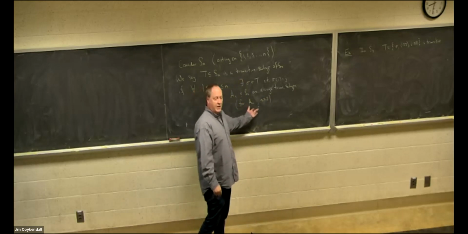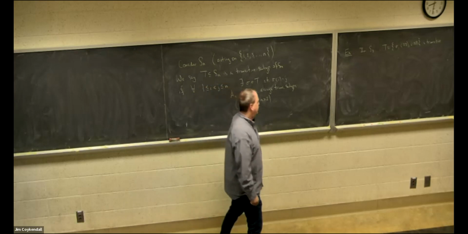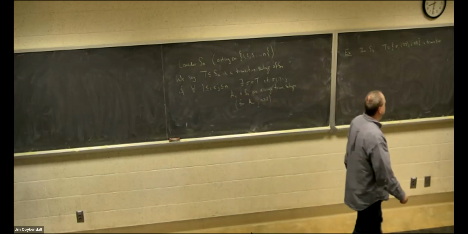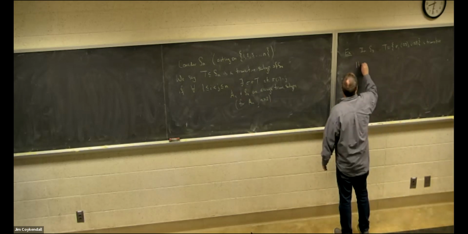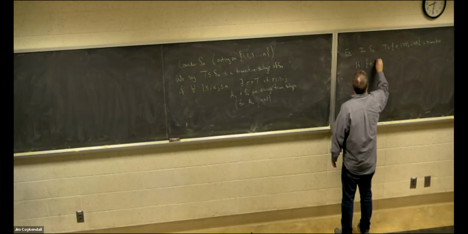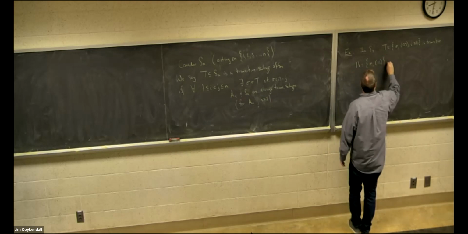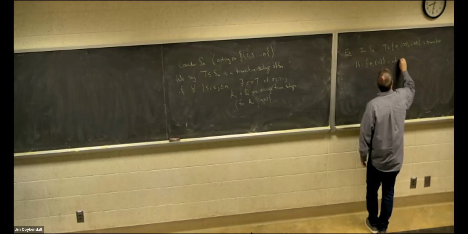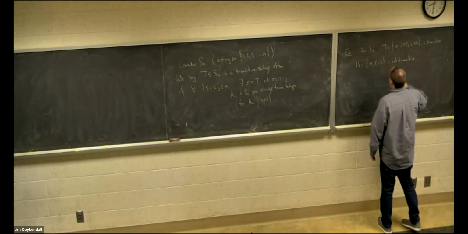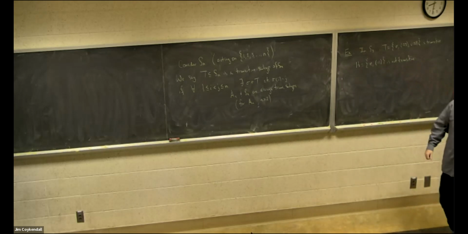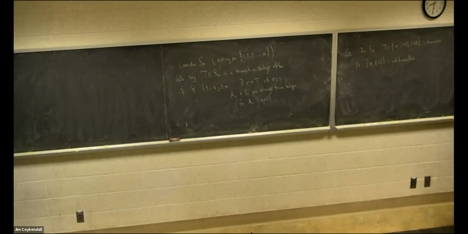Right, because for n equals 2, An is only the identity. If you look, it's not transitive, because there's no way to take 1 to 3. You just can't do it, right?